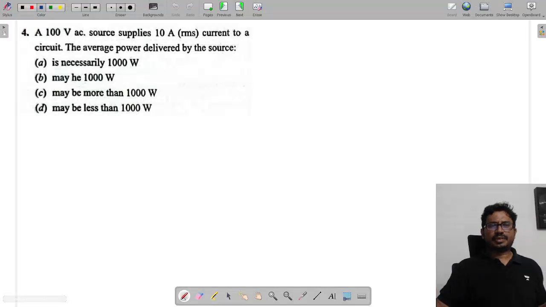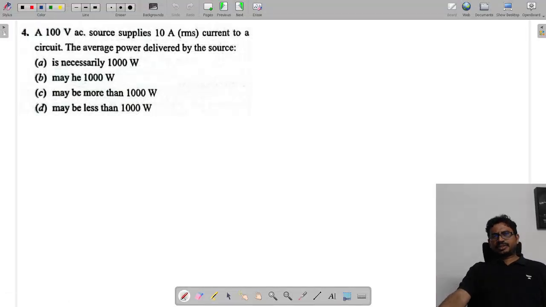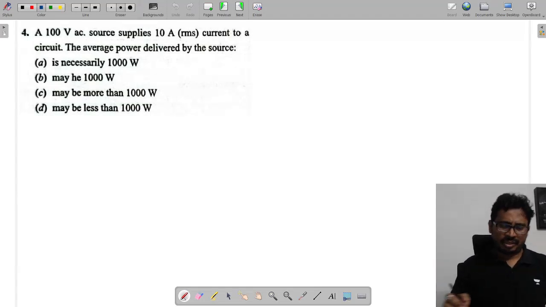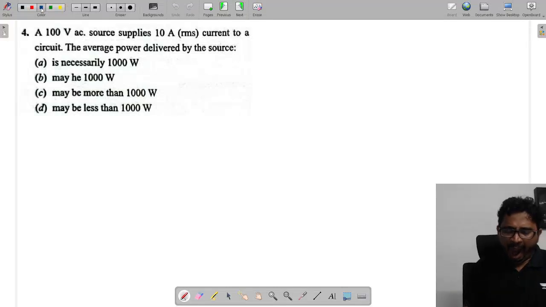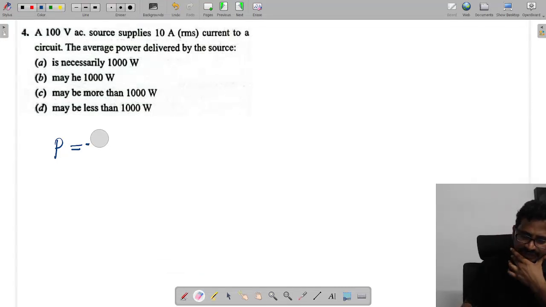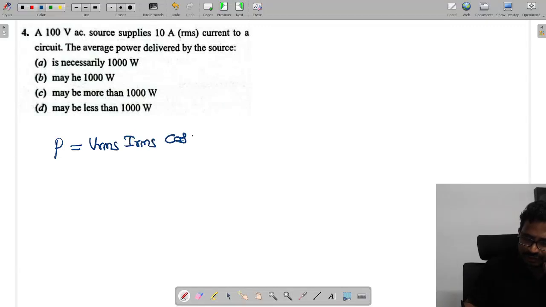Next one. A 100 volts AC source supplies 10 amperes current. The average power delivered by the source is? Average power: they have already given RMS values, so directly we can say VRMS into IRMS into cos phi.